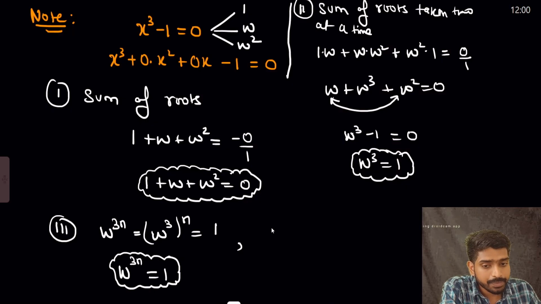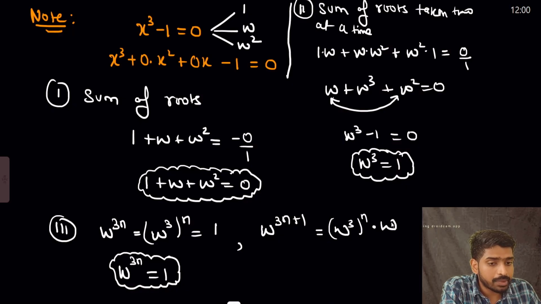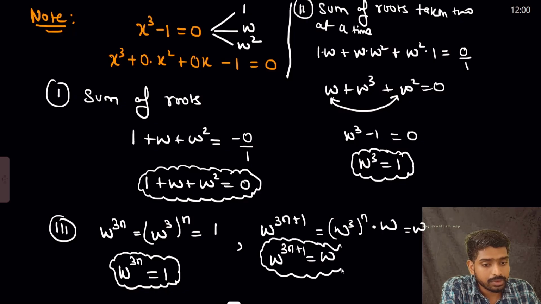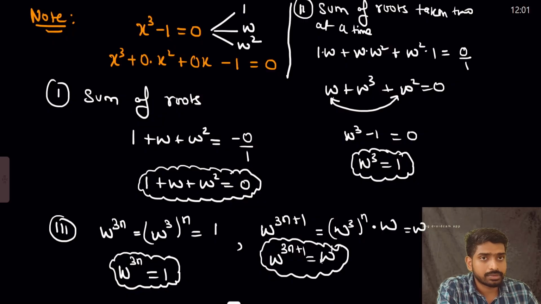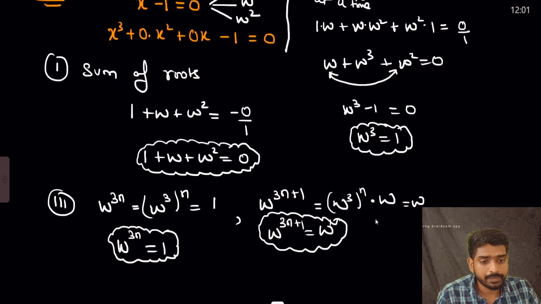Next, in this point only, omega to the power 3n plus 1 I can write as omega cube to the power n multiplied by omega, right? Omega cube is 1, 1 to the power n is 1, so we get omega to the power 3n plus 1 is omega. Understood?